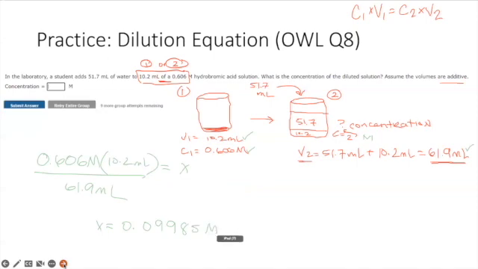I'm going to round that to 3 sig figs, just because that's the amount that's given in my problem. So leading zeros never count. I'm going to round this to 0.0999 because this 5 makes this jump to a 9. Okay, so that's the dilution equation.